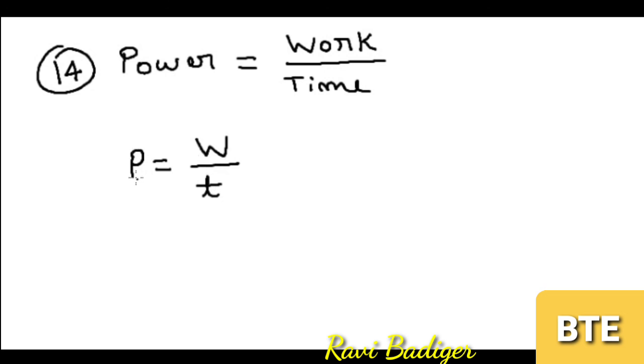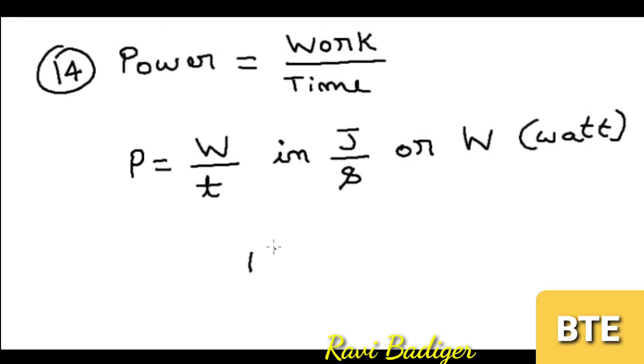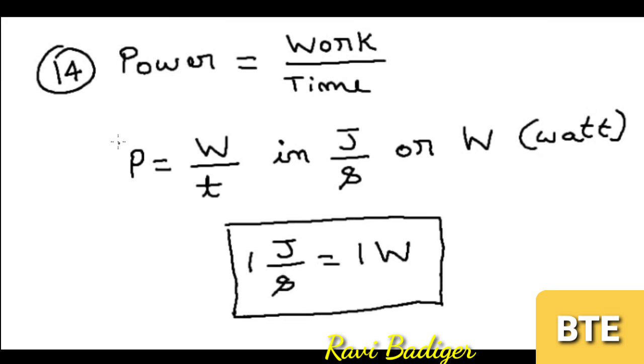Therefore the unit of power becomes joule per second. Also, the joule per second can be written as watt, denoted with capital W. So here 1 joule per second is nothing but 1 watt.